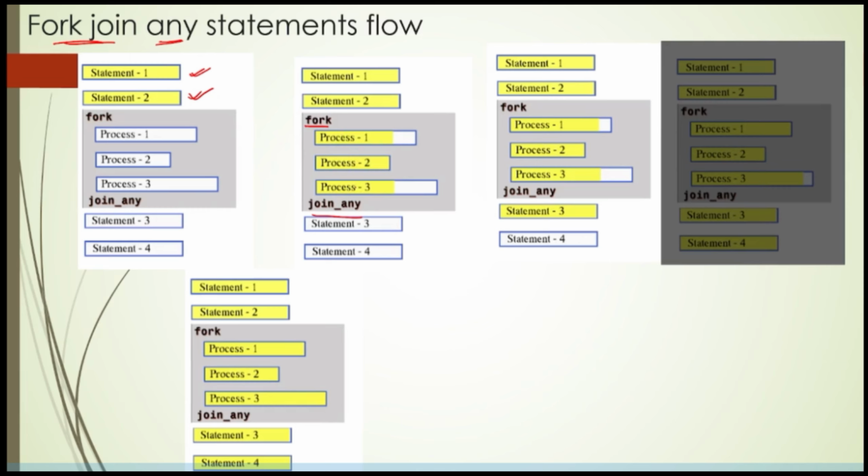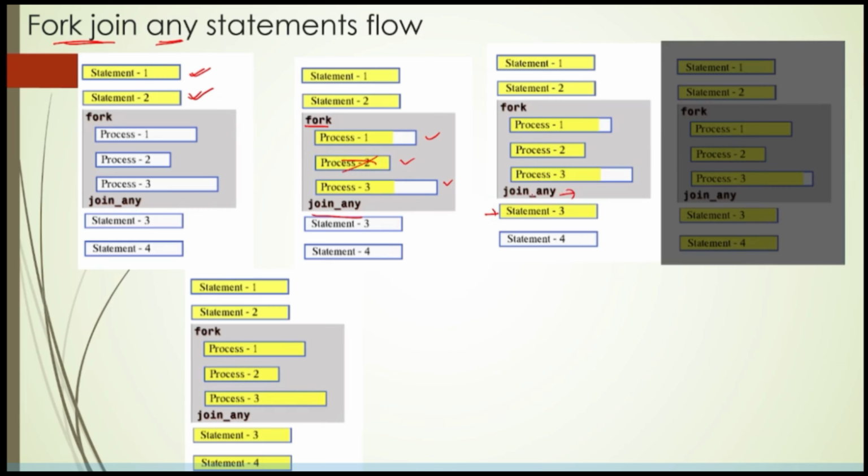Now what happens in fork join any is that if at least one process is completed, that means at least one thread has executed successfully, then the simulator will come out of that fork join any block.